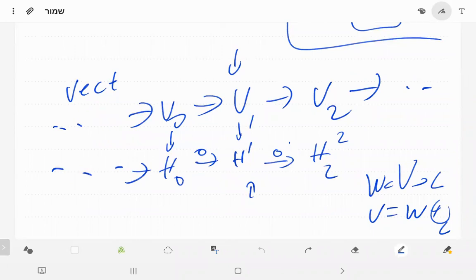So you have the kernel here, which sits inside V_1, but it's a direct summand. And inside the kernel, you have the image, but the image is also a direct summand of the kernel. And the complement will be just isomorphic to the homology. And each time you have a map, you can find a pseudo-inverse, a map in the other direction, that projects to the image and then gives a section.